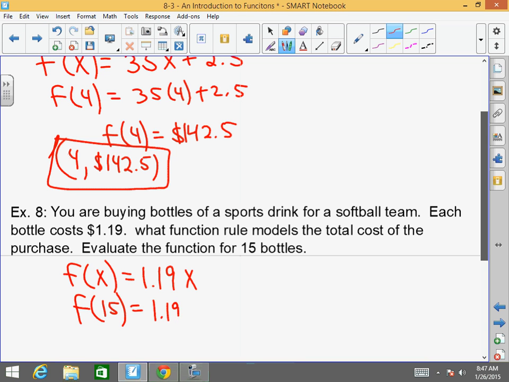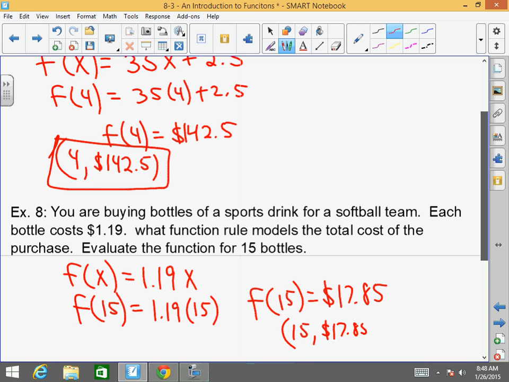So this is 1.19 times 15. And in this case, 17.85. Very good. So the value of 15 bottles of this function is 17.85. What's my ordered pair here? 15, comma, 17.85.